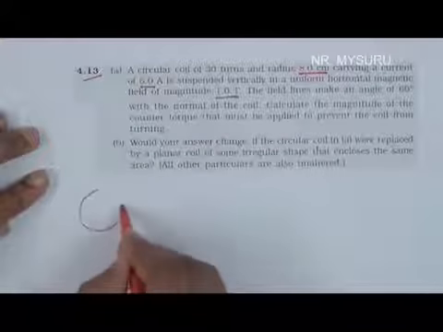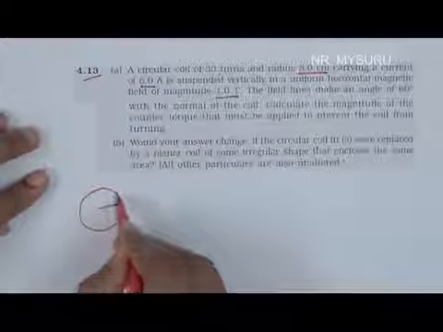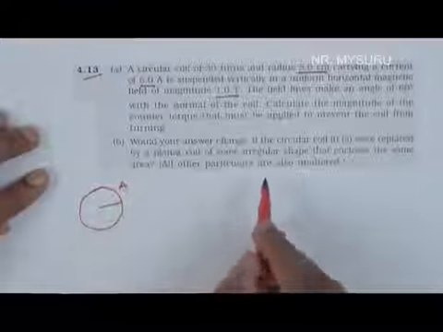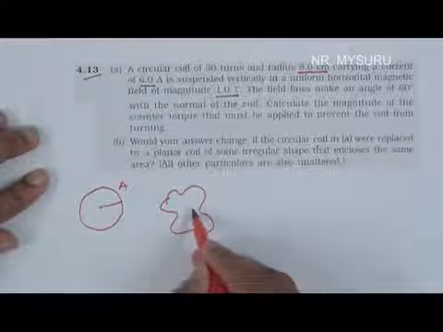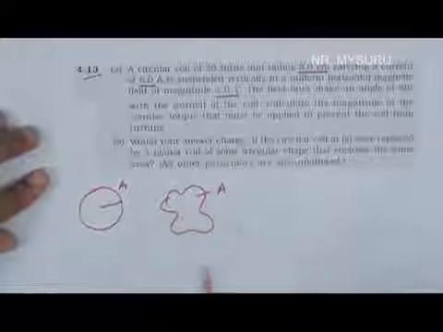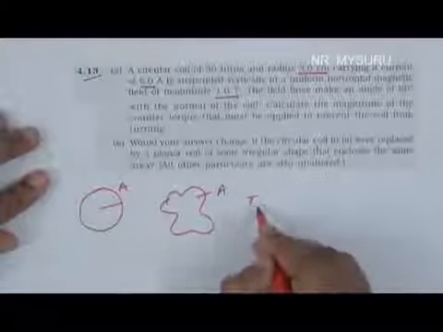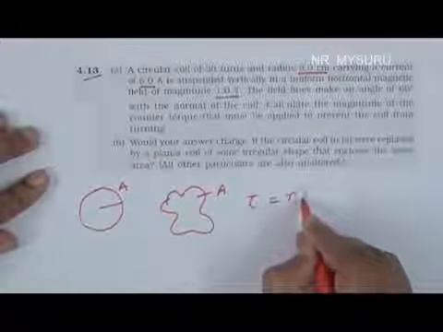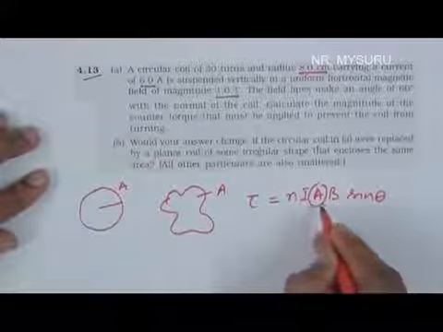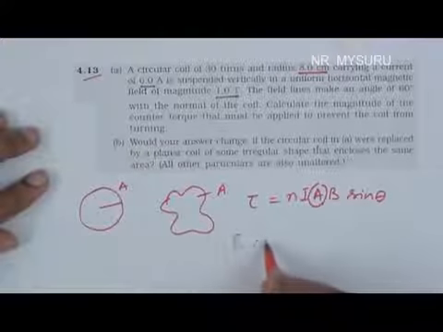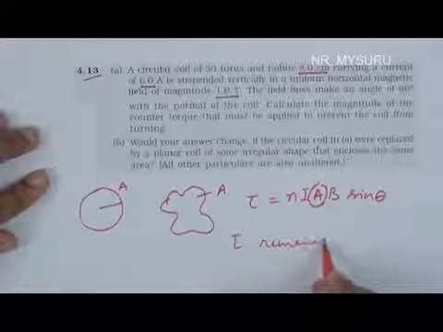Earlier it was a circular coil of area A, now irregular shape, but it should also enclose the same area. Area is A. Since the equation has NIAB sin theta, only magnitude of the area matters, not shape of the coil. Therefore, torque remains the same.